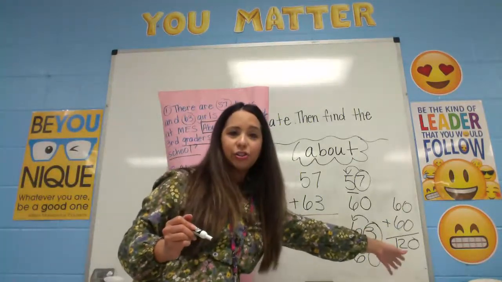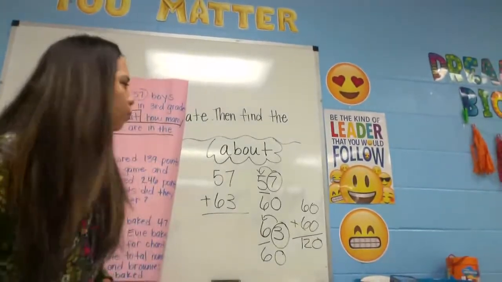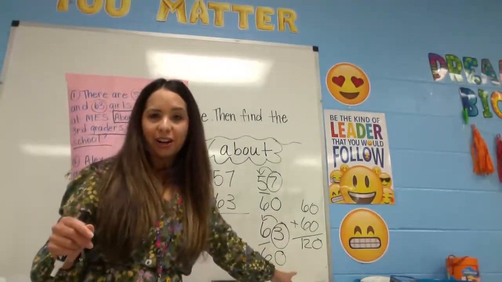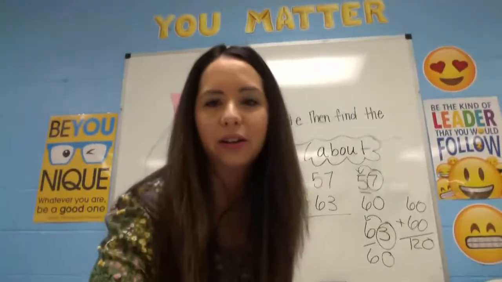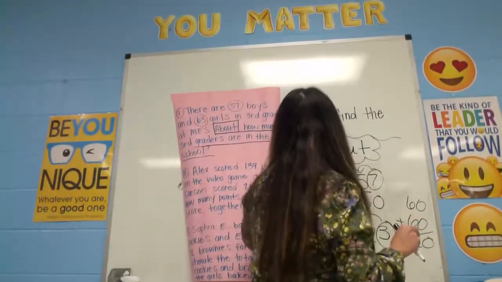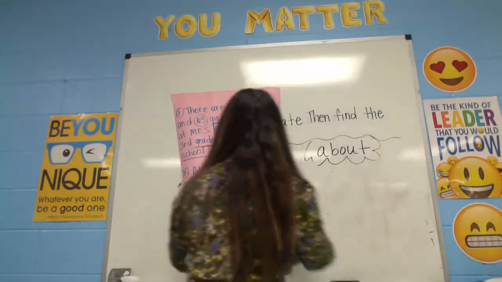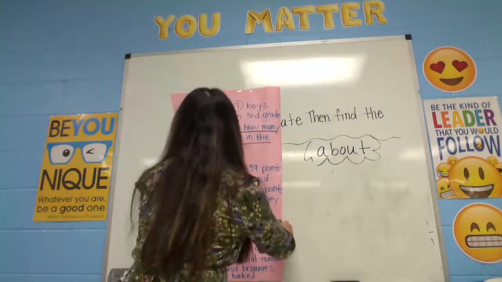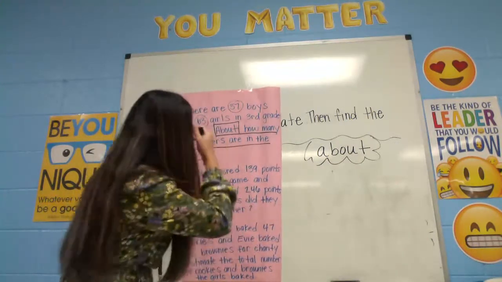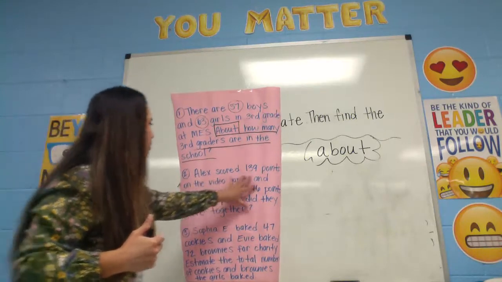About 120 3rd graders, okay? All right, I'm going to show you one more. Let's do this one. We're going to skip to number 3. Okay. Actually, we'll do number 2.